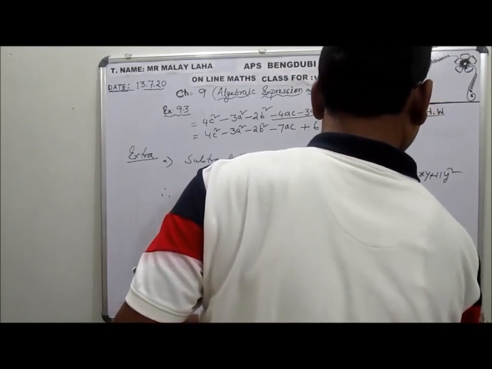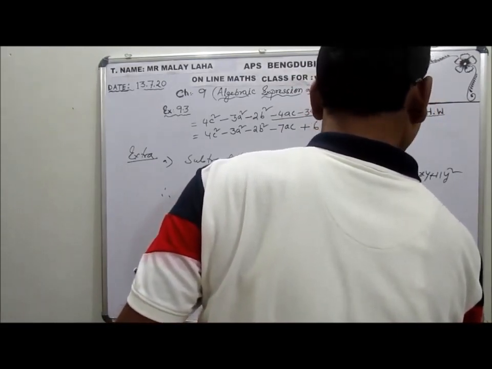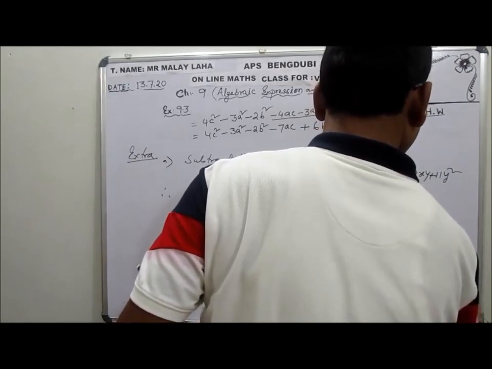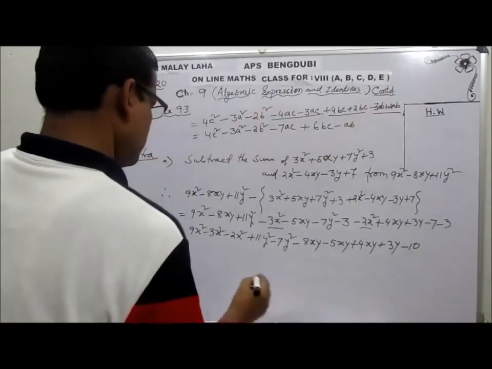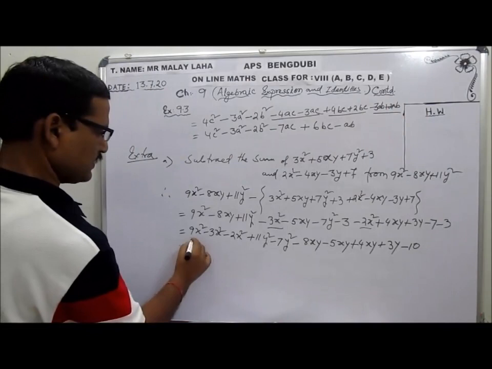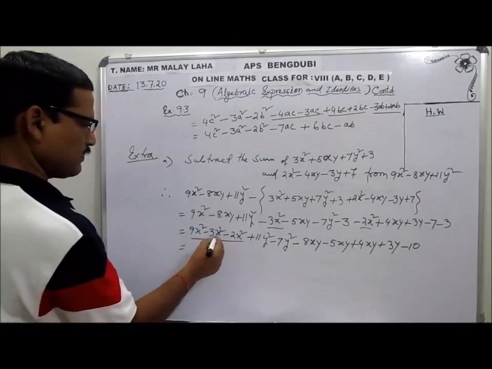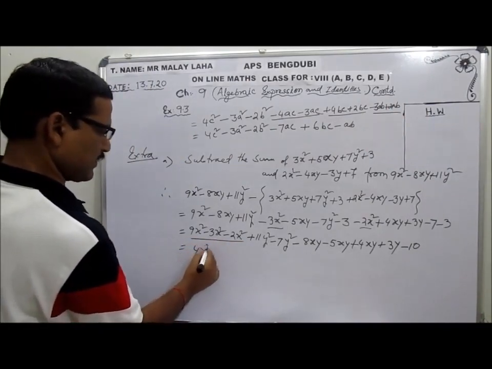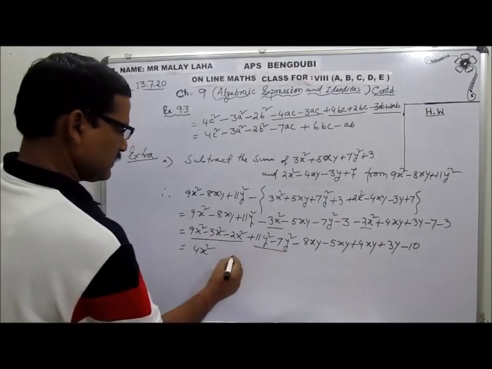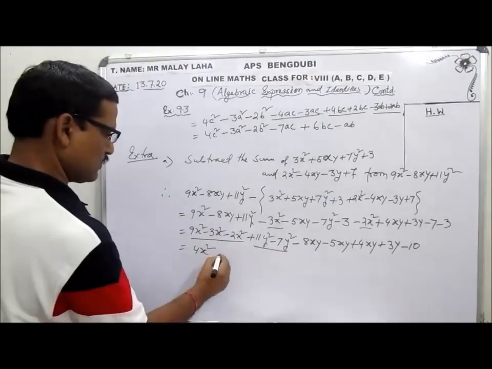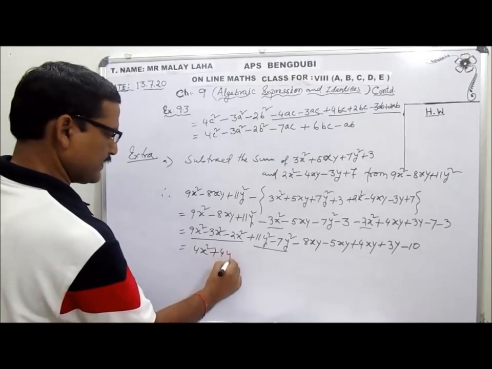So 3y, then minus plus, the sign will be minus 10. So reduce this. What is the result? For x square, 4x square. What is the result? 11 minus 7, that is 4, plus 4y square.